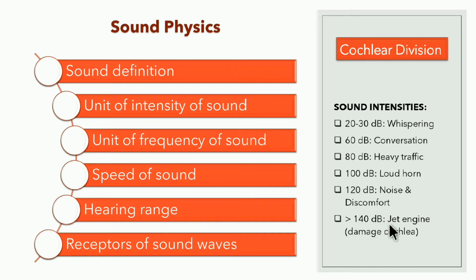More than 140 decibels is the jet engine sound and it can damage the cochlea. If you see, the decibel values are very close, but actually they are very far apart, because decibel is the logarithm of the intensity of sound. So even though the numbers look very close, even a 1 decibel increase will be a tenfold increase in the sound intensity. That is the range of the sound intensity. So this is about the sound physics. Now let's move to the next slide.